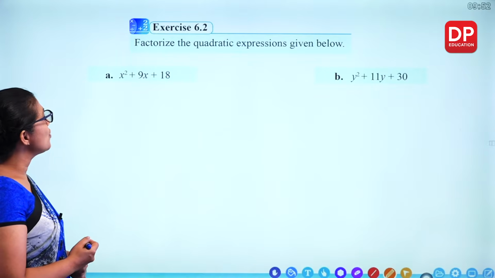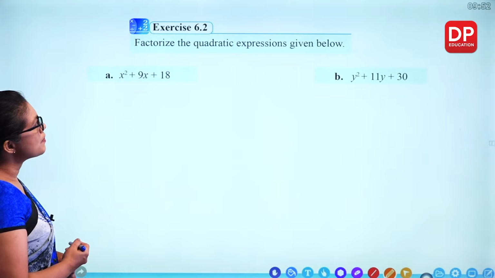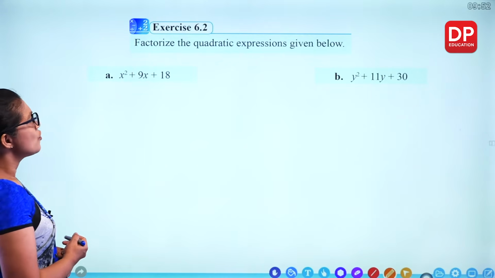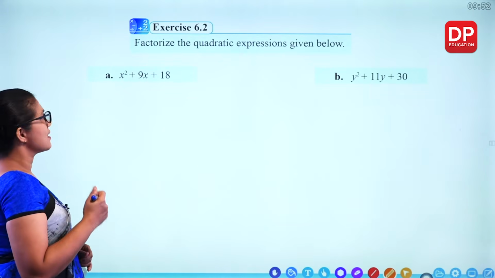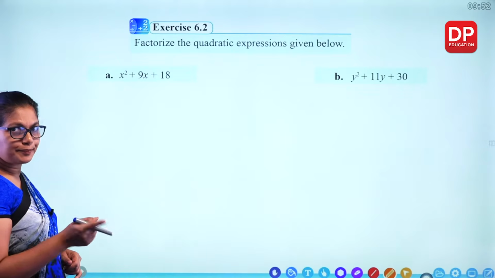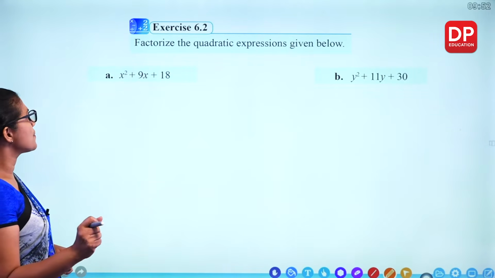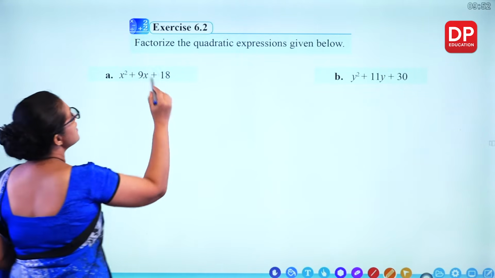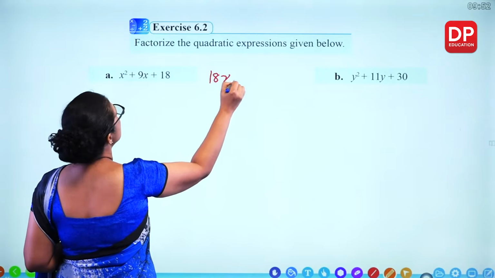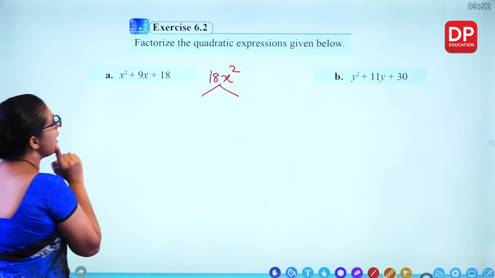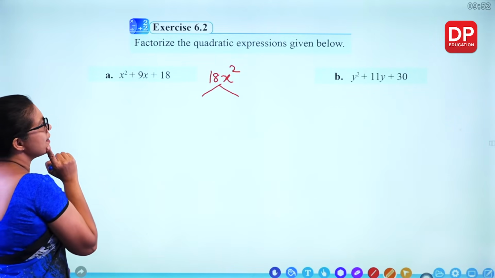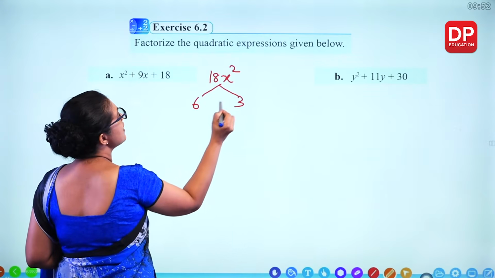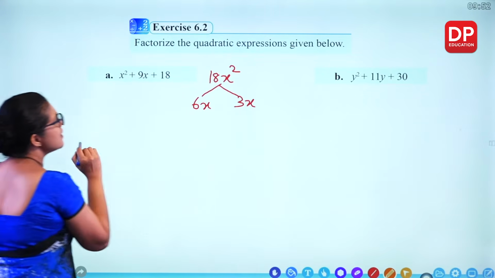Exercise 6.2 now. Factorize the quadratic expressions given below. So now we'll try to do it at once. Plus plus means the addition comes here. So we can write 18x squared, factors of 18 to get 9. 6 and 3. So 6x and 3x.